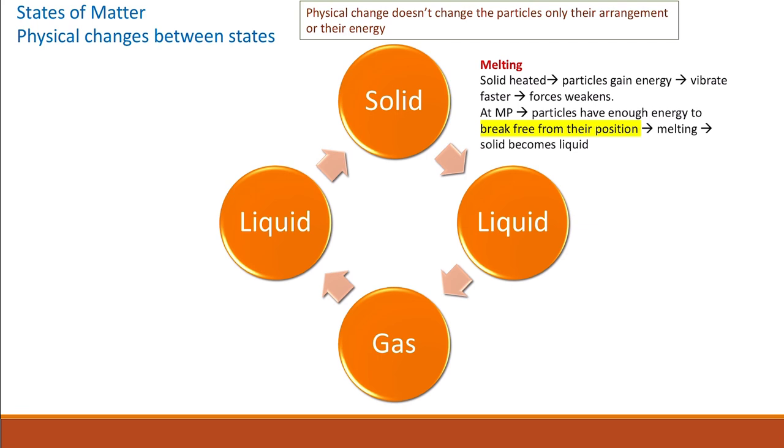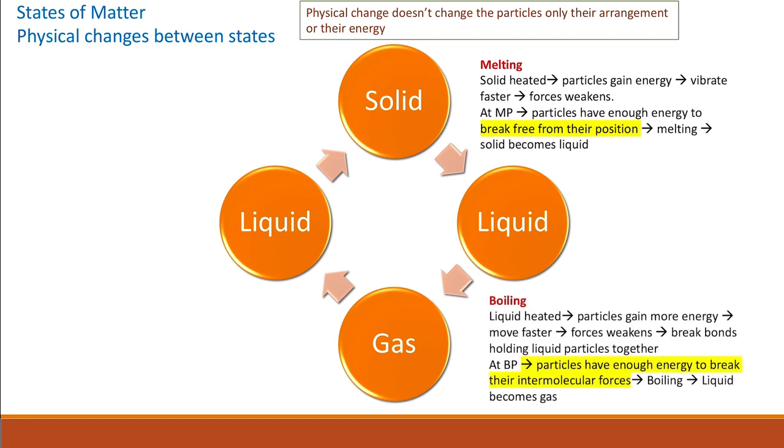As the solid is heated, the particles will gain energy, and at the melting point, the particles will have enough energy to start moving and not just vibrate, and they will change from solid into a liquid. When the liquid is heated, it changes into a gas. This is called boiling, and the particles will gain even more energy. They can now escape from the liquid, and they will have enough energy to become a gas.